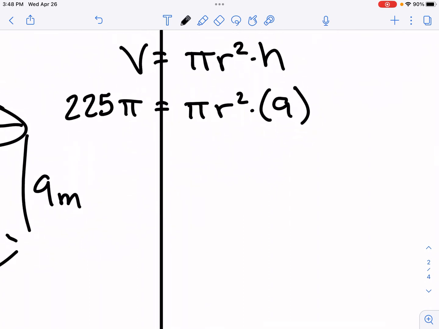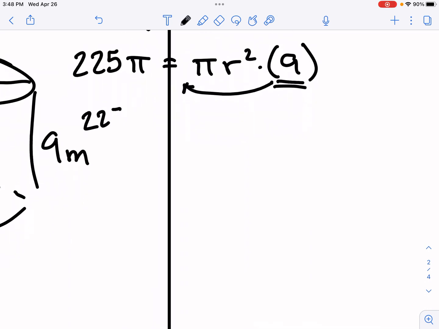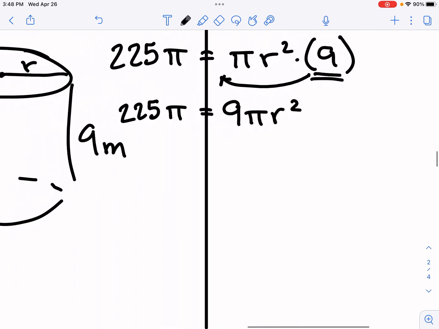I can't really simplify anything, but I can rewrite this. I'm going to put this 9 all the way to the front because we always put our coefficient in front. I'm going to put 9 pi r squared.